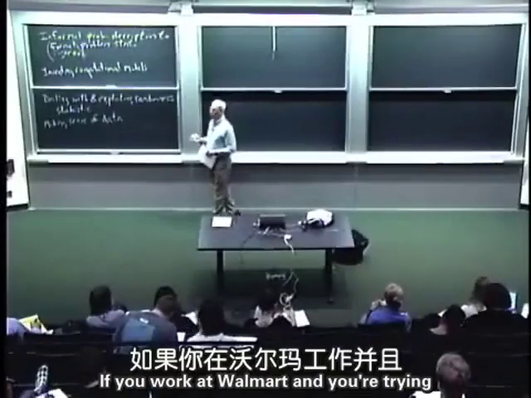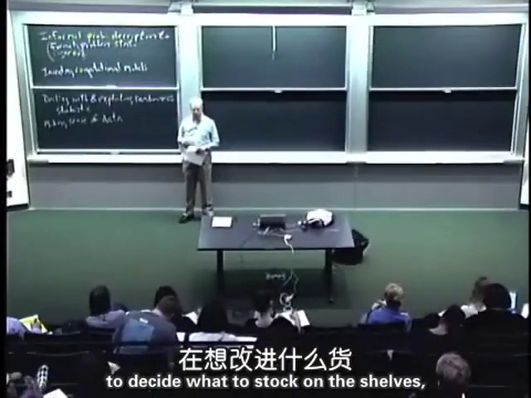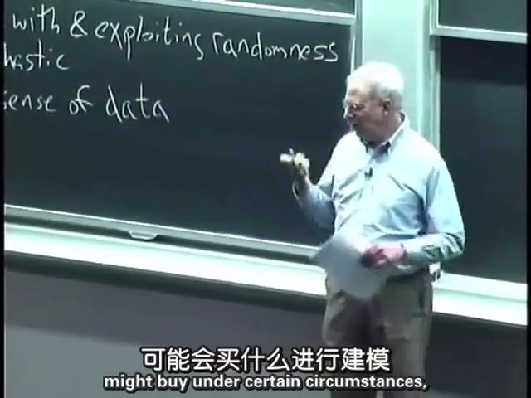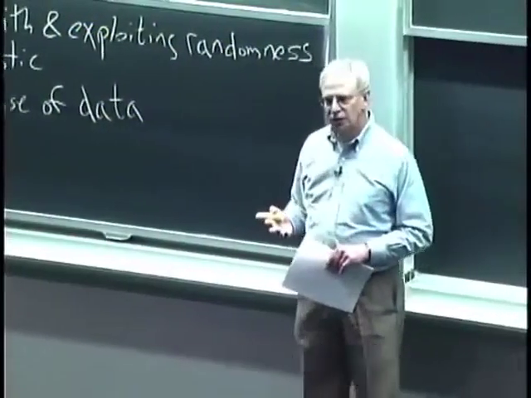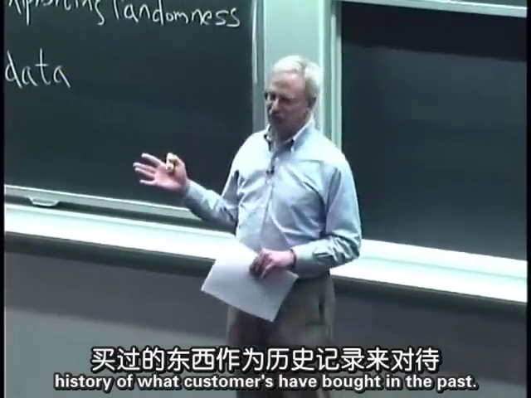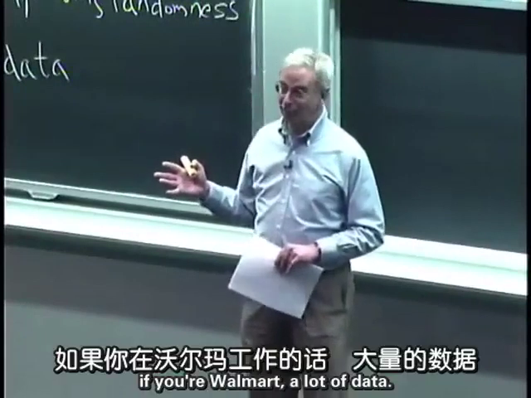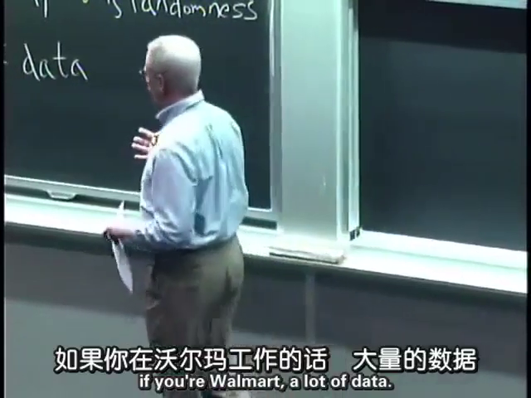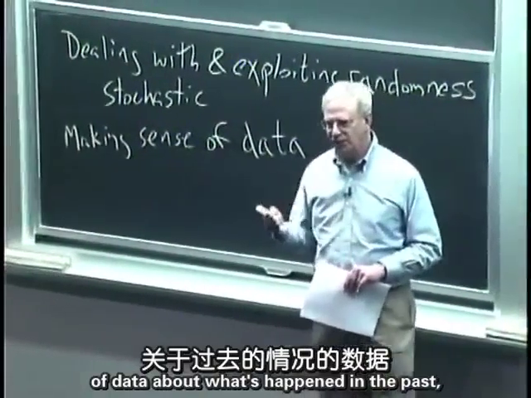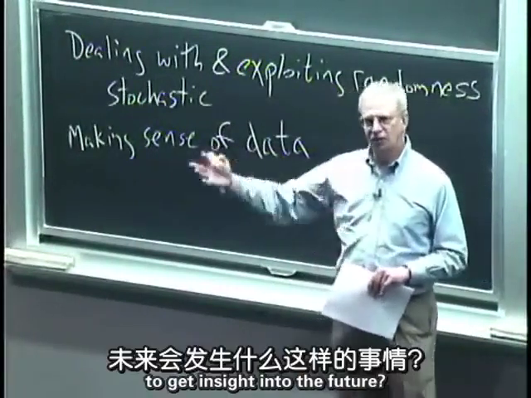If you work at Walmart and you're trying to decide what to stock on the shelves, you're building a model of what the customers might buy under certain circumstances, and that model is going to take into account the entire history of what customers have bought in the past. And that's, if you're Walmart, a lot of data. Given that you have a lot of data about what's happened in the past, how can we interpret that, for example, to get insight into the future?